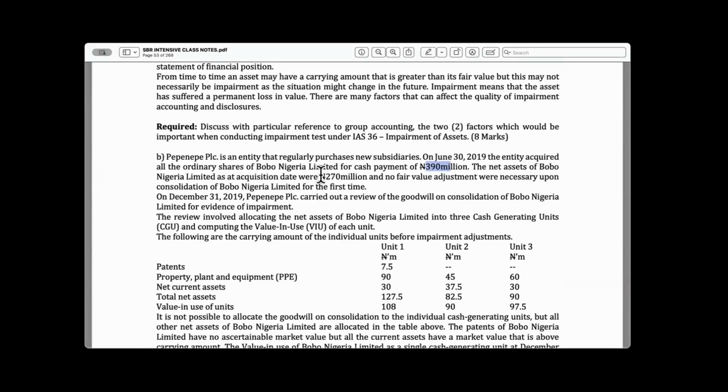The net asset as at acquisition is 270. That means goodwill is how much? 30 plus 90. That should be 120. So that means goodwill is 120 as at the date of acquisition, and no fair value adjustments were necessary upon consolidation of Bobo.